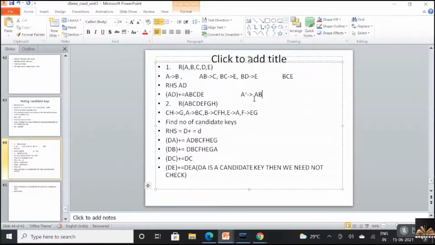A is a subset of A. Now A implies B means if I have got the value of A, I will be able to determine B. AB together is giving me C. Fine, C is there. Now, other thing, BC together is giving me E. Okay. Now, am I able to get the value of D anyway? Nothing is able to determine the value of D. Hence, I cannot say that A is a candidate key.